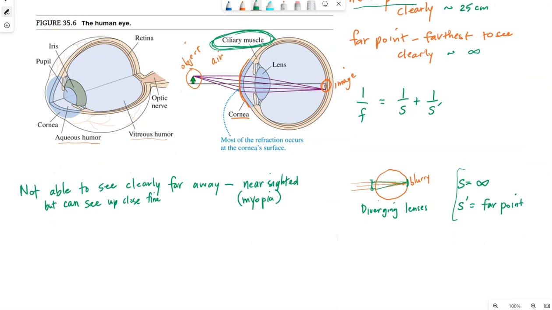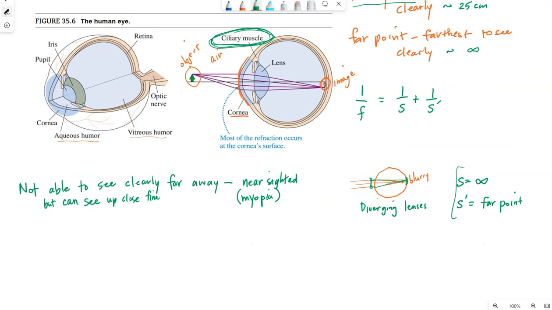Now, if I go to the eye doctor and I get my lens prescription, it's listed in diopters. What diopters means is 1 over the focal length, where the focal length is in meters.